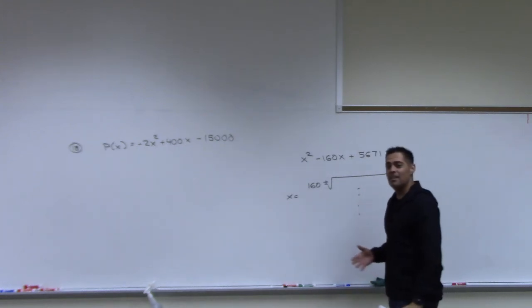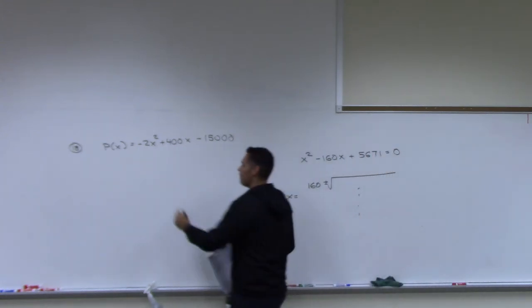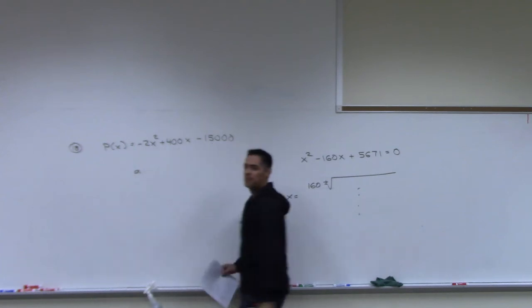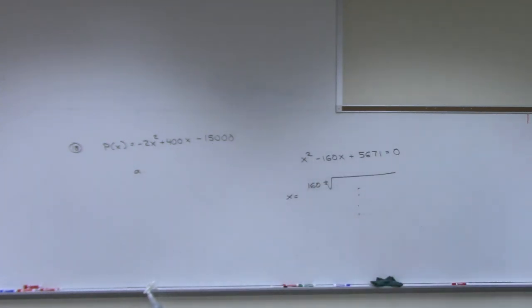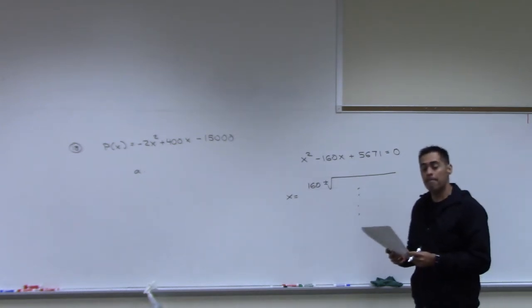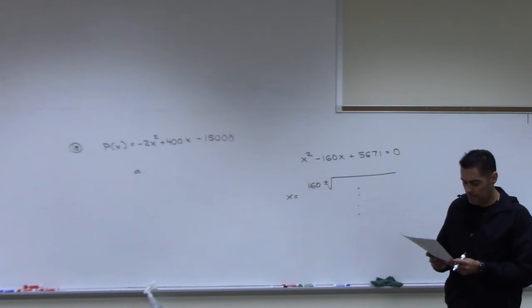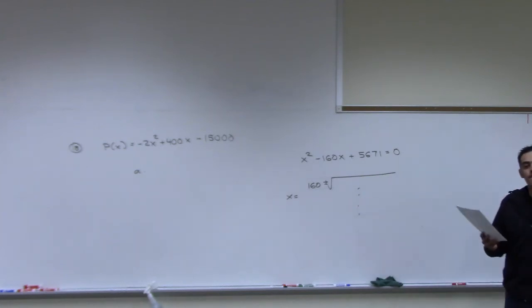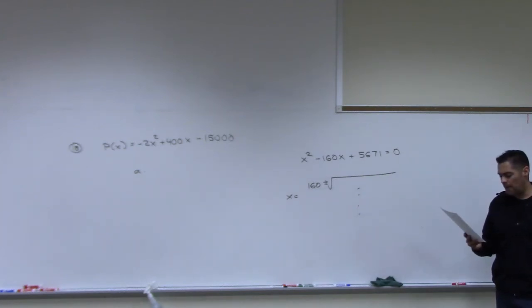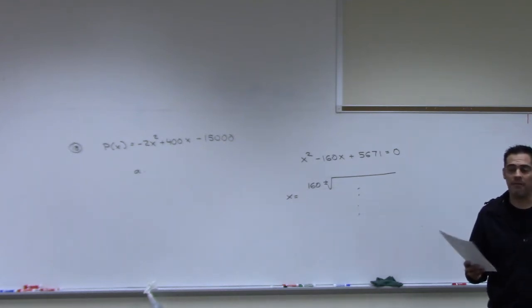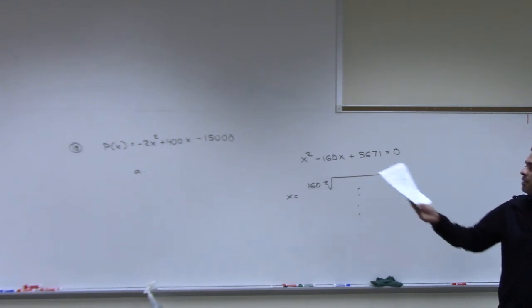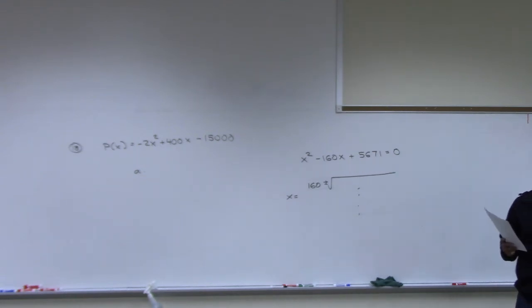Okay? How do I do part A? Number 18, part A. Products produced. Read it. Find the number of products produced and sold to yield a maximum profit. That's a profit function. How do you find the maximum of that profit function?